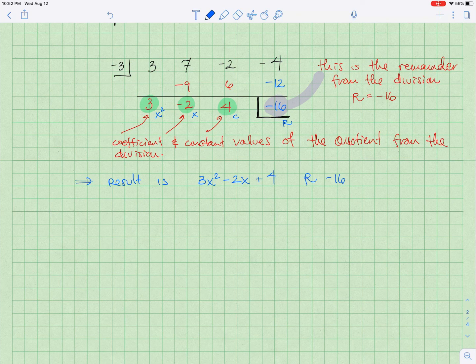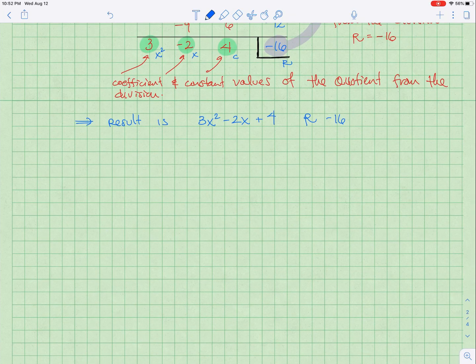So what are we talking about? Well, if you remember the original problem was 3x cubed plus 7x squared minus 2x minus 4 divided by x plus 3. And that is equal to 3x squared minus 2x plus 4 with a remainder of negative 16.